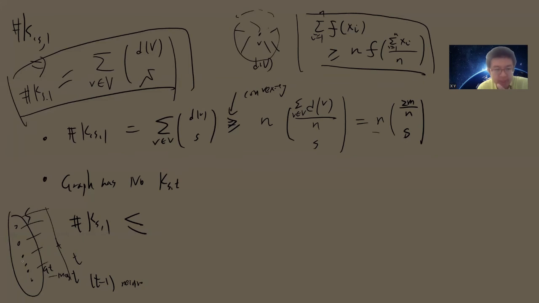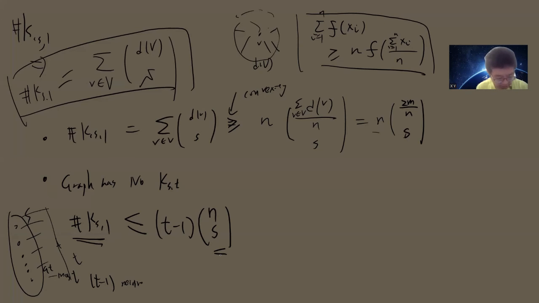So every s vertices have at most t minus 1 neighbors. So the number is less or equal to t minus 1 times n choose s, because there are n choose s sets of s vertices, and for each of them there are at most t minus 1 choices.